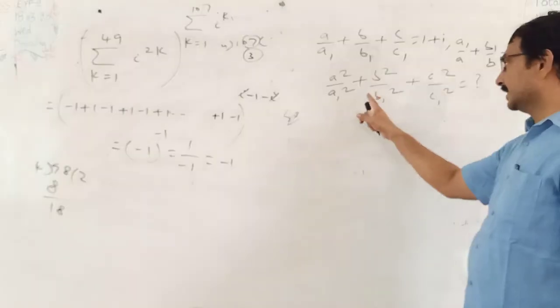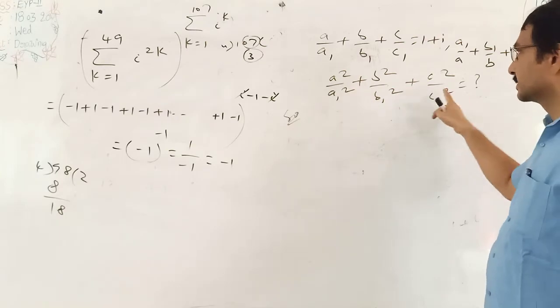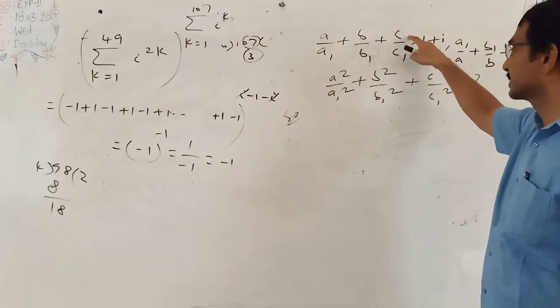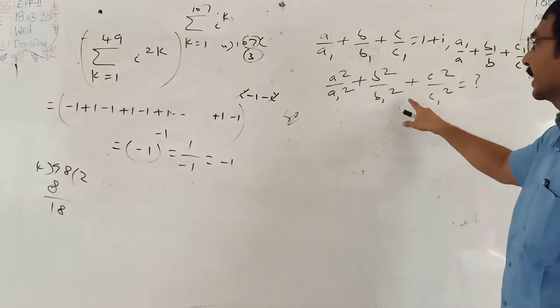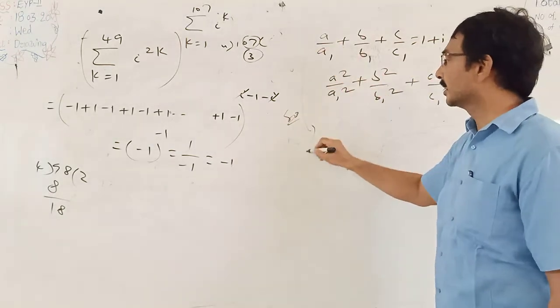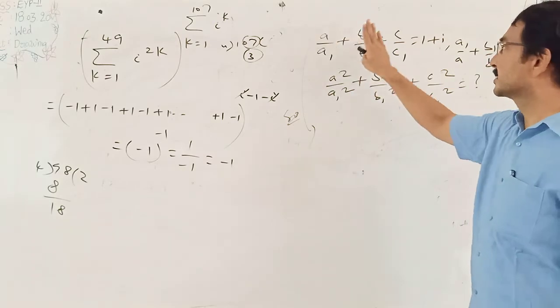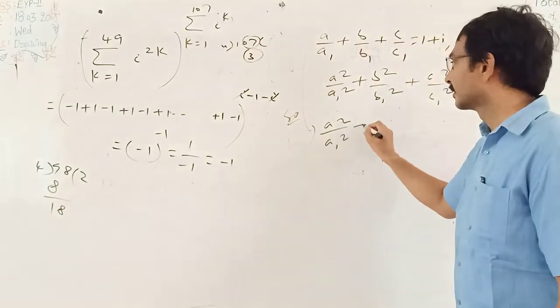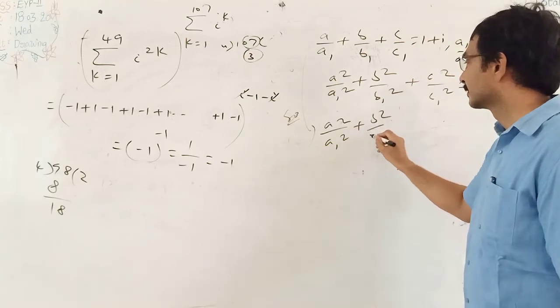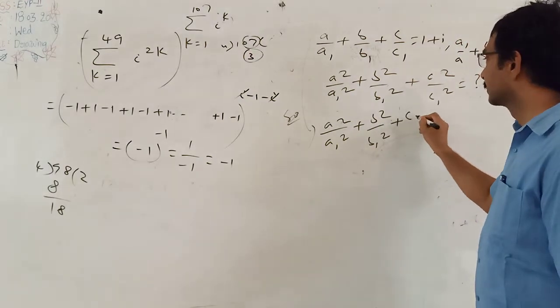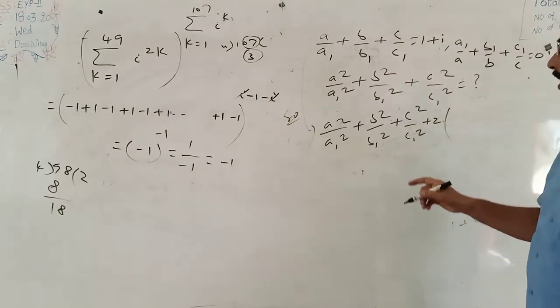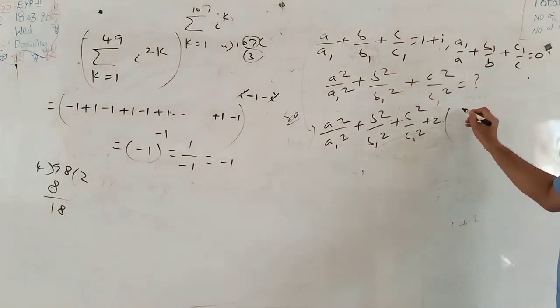See, this one contains squares of the values a by a1, b by b1, c by c1. So, to obtain this, square on both sides. (a plus b plus c) whole squared is a squared plus b squared plus c squared plus 2ab plus 2bc plus 2ac.